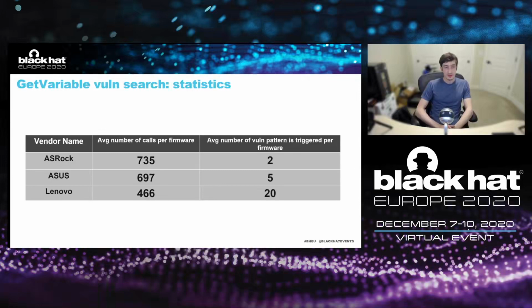ASRock, Asus, and Lenovo have a massive number of calls at the DXE stage. Lenovo is slightly better on attack surface if you look at this metric, but it's slightly worse than ASRock and Asus if you look at the number of potential security vulnerabilities triggered by our static analyzer.